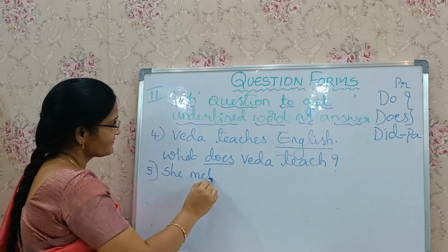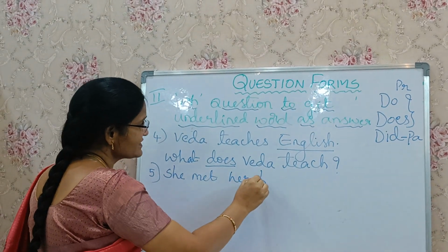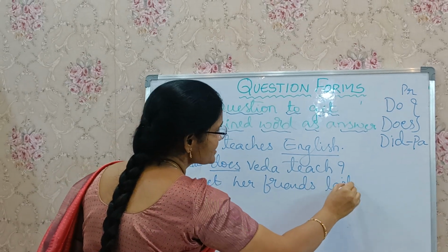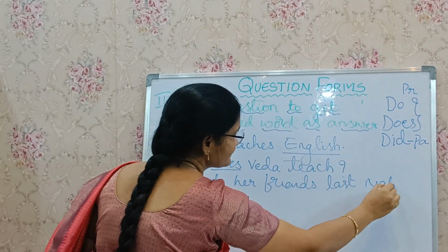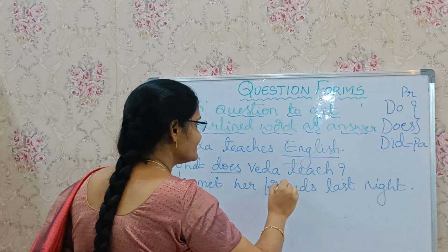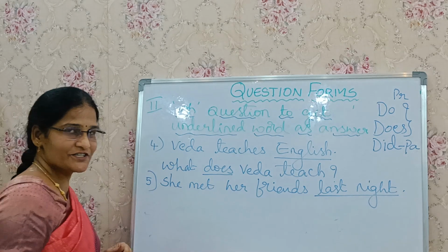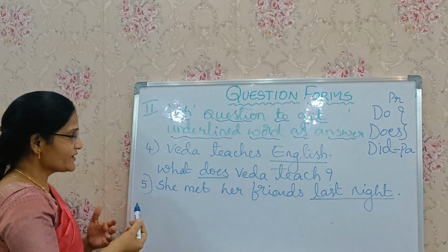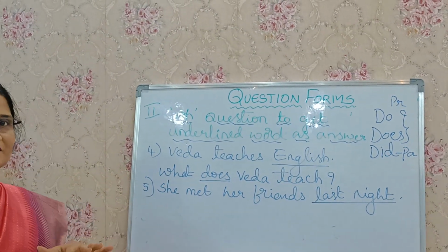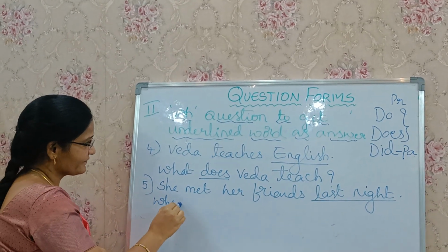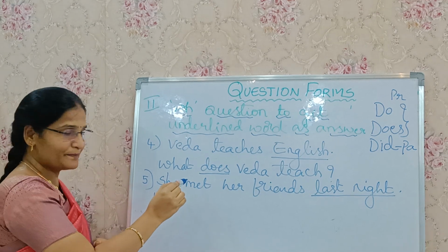She met her friends last night. Here we'll underline last night. And how can we frame the question, since it indicates the time? For that we can take when. Met is the past.